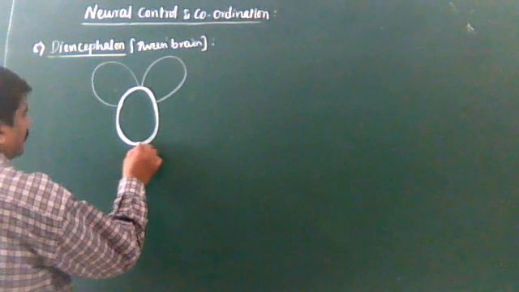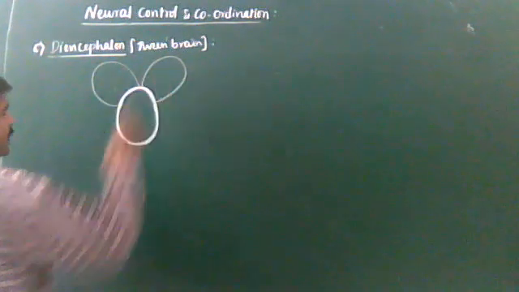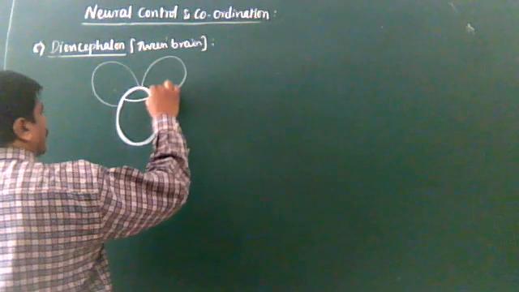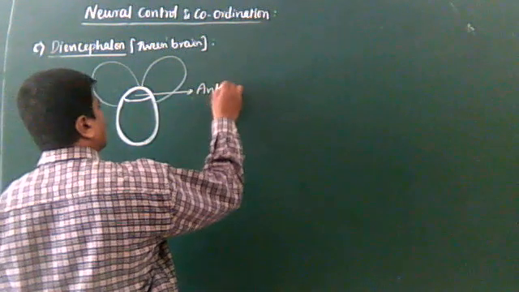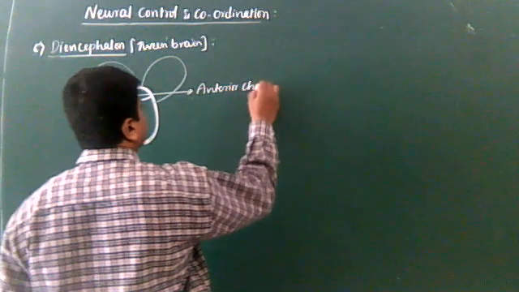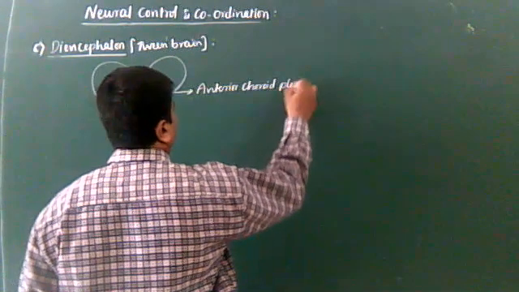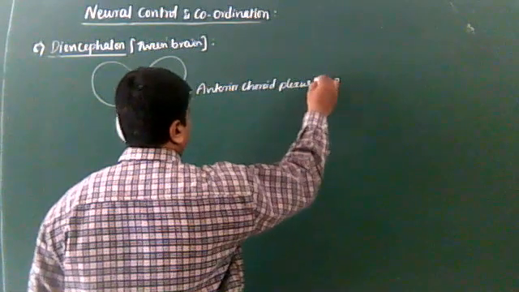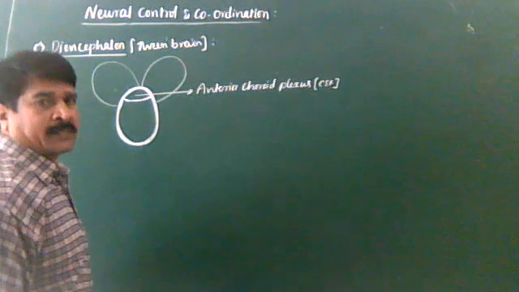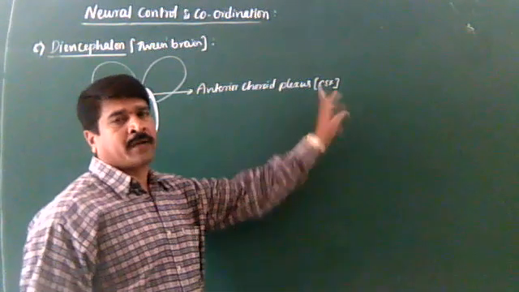These are called cerebral hemispheres. The roof of the diencephalon contains a non-nervous area called the anterior choroid plexus, containing blood vessels, which secretes the cerebrospinal fluid.